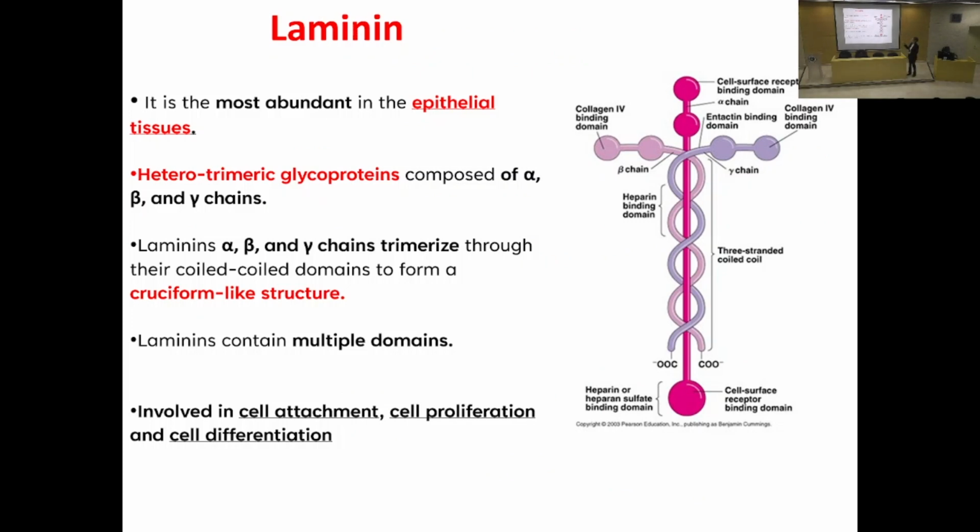The last one is the laminin. Laminin is abundant in the epithelial tissue. This molecule as well is a glycoprotein and it is trimeric, made of 3 chains. The fibronectin has 2 subunits, right?